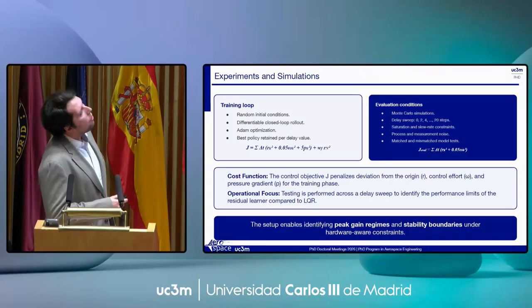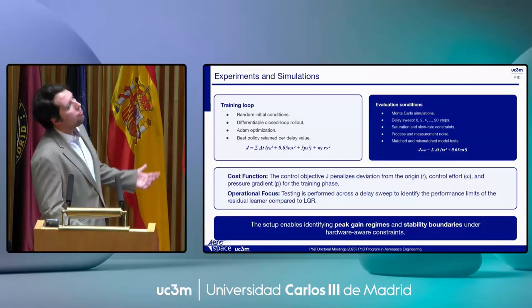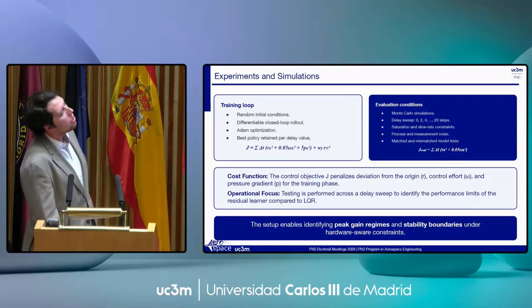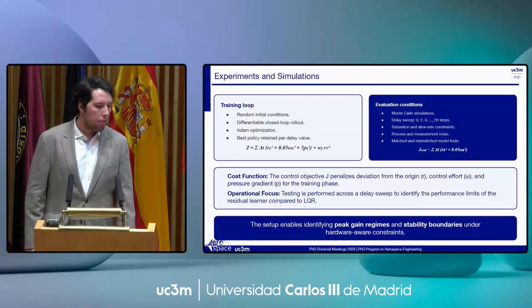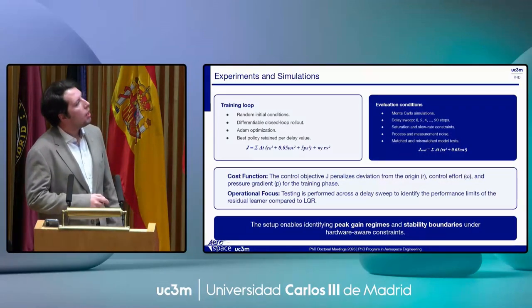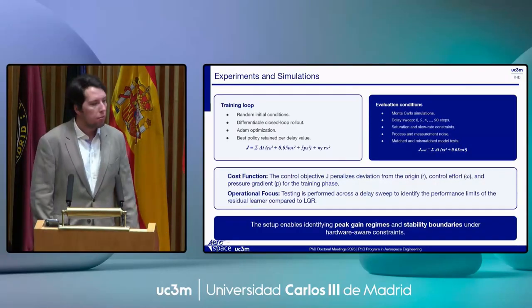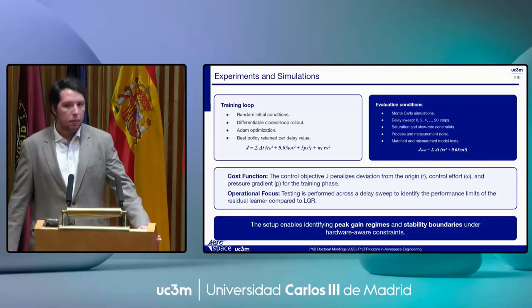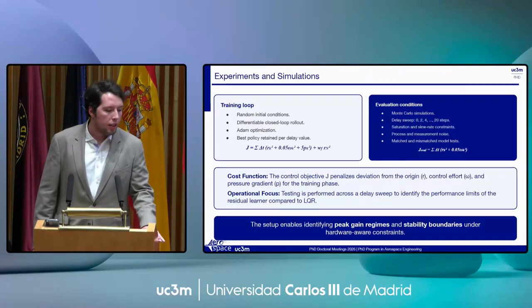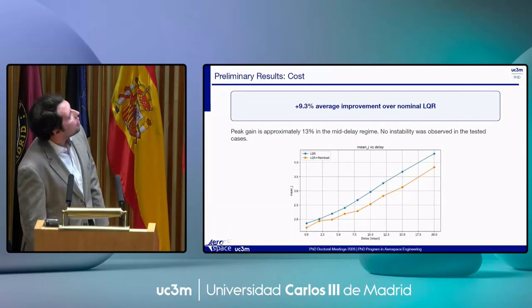And then to evaluate it, we have a Monte Carlo simulation with a delay sweep of 2, 4, 10, 20 steps, saturation and slew considerations, and we have a process to measure noise. And we are using this evaluation function to basically see if that's the correct approach. The good thing about this setup is that it enables us to identify peak gains and stability boundaries under hardware constraints.